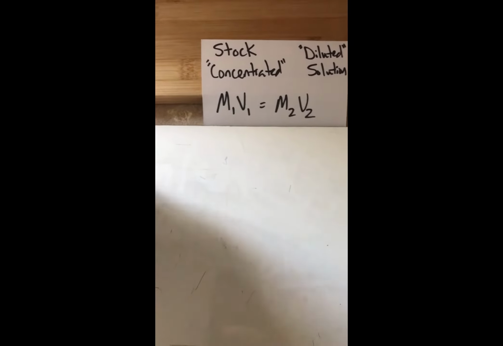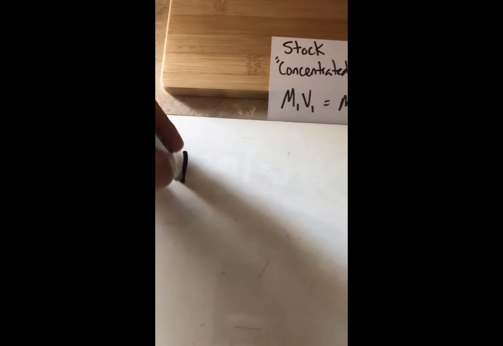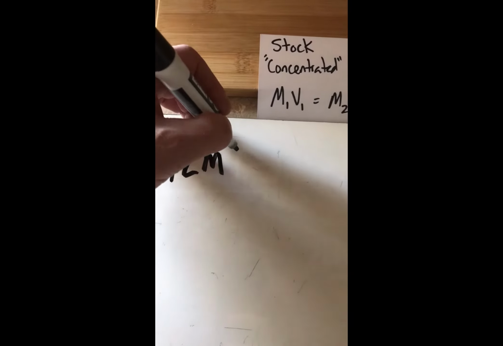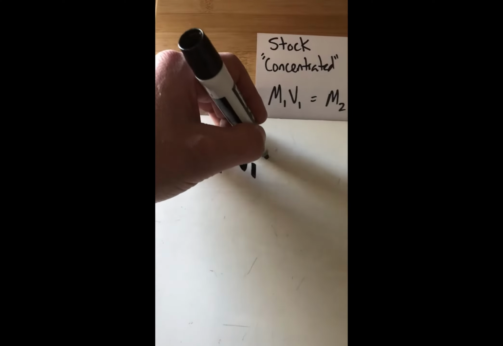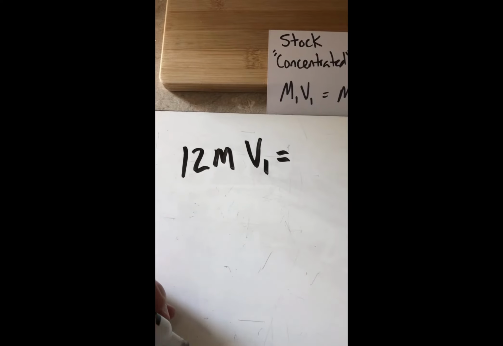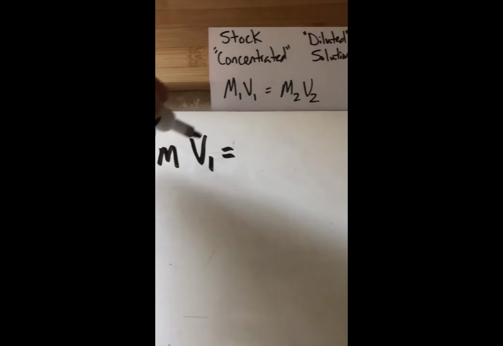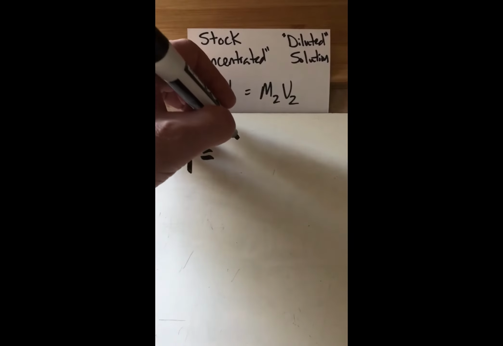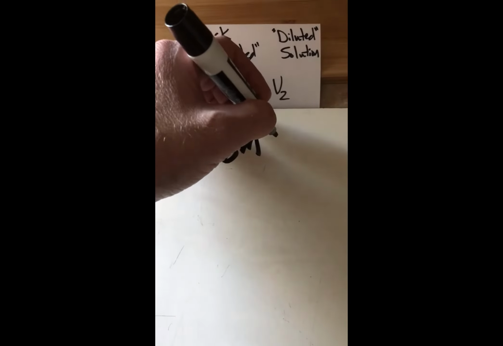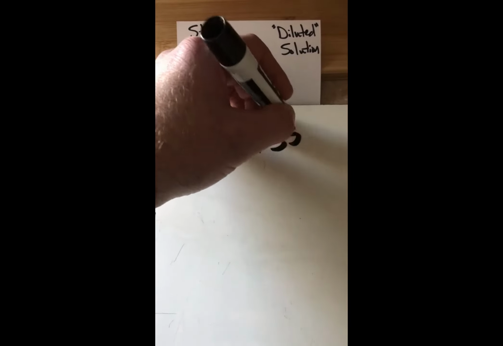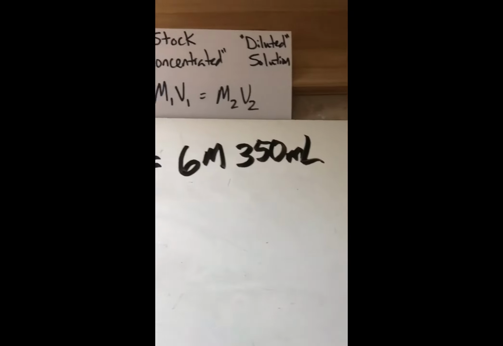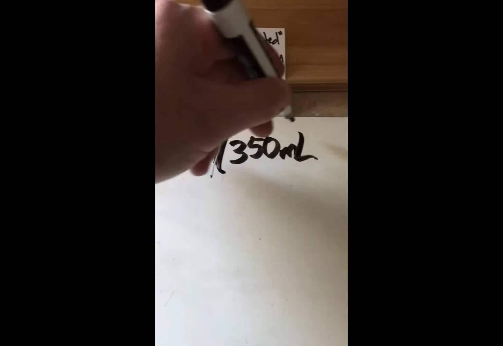So for our practice problem, we had 12 molar hydrochloric acid, and we want to know what volume of that stock solution we're going to need to use to make our diluted solution. Our diluted solution, we wanted the strength to be 6 molar, and we wanted 350 milliliters of that being made. Okay, and so this is multiplication here.